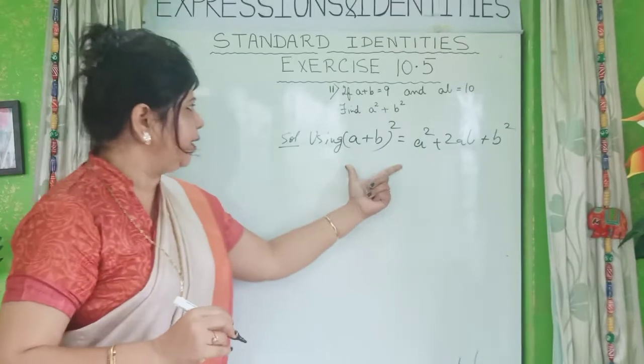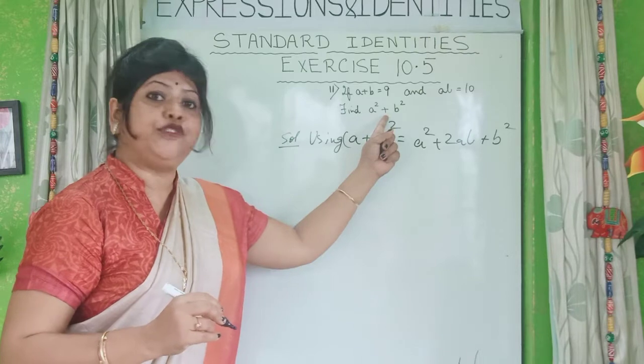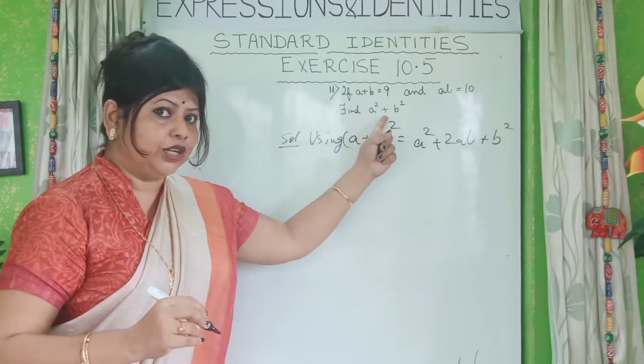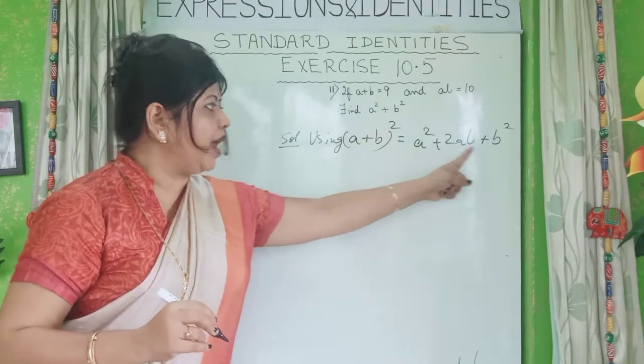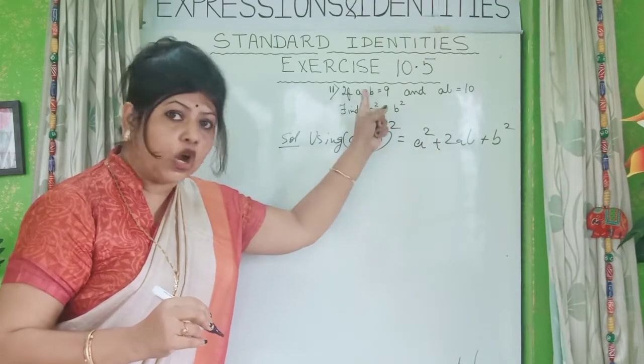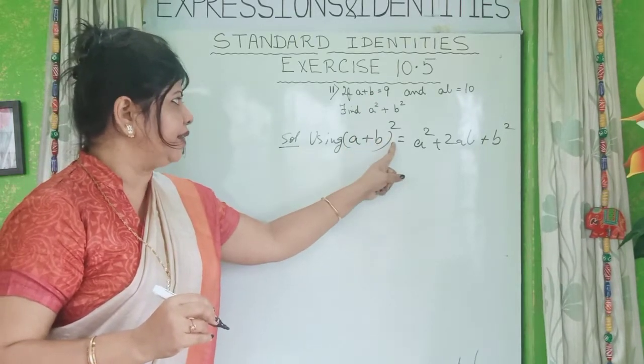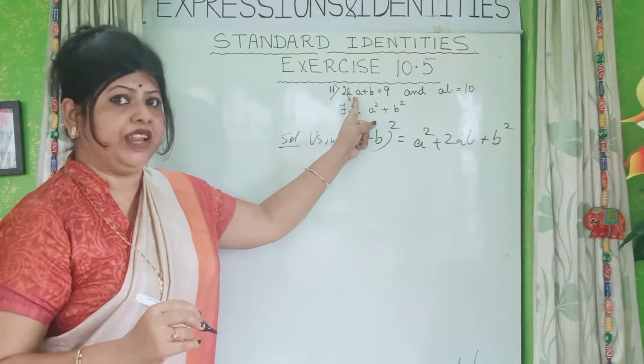Now you see here, this a square plus b square, that is what I have to find. Followed? Try to understand. A square plus b square, I have to find, 2ab, ab is already given in the question, and a plus b whole square here. a plus b is also given in the question.